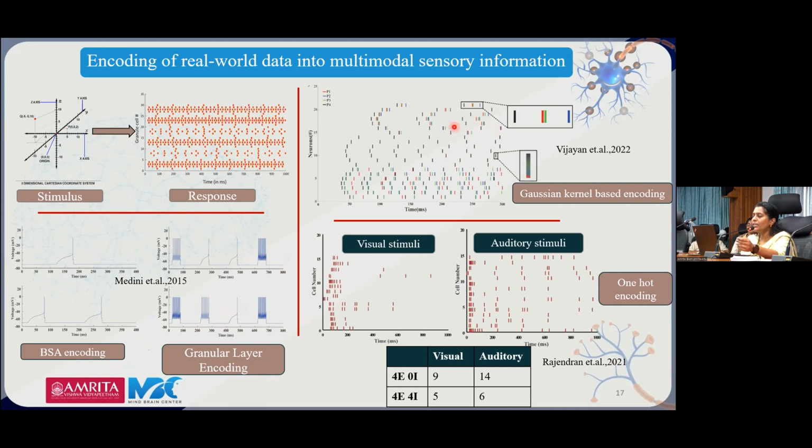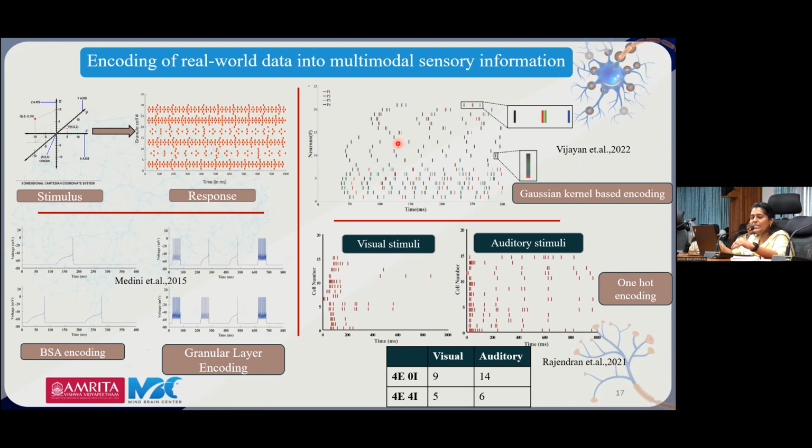The third kind of method was the Gaussian kernel based encoding. The Gaussian kernel takes a feature and makes different neurons out of it, more like a normal distribution kind of behavior for the firing of the neurons.